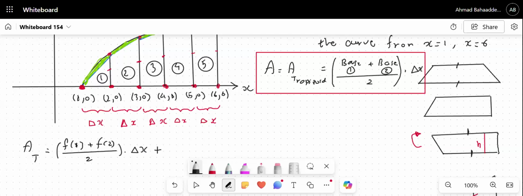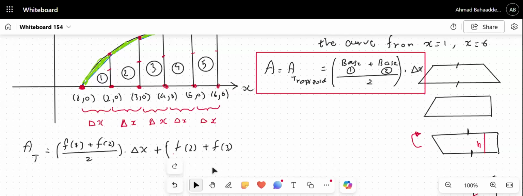So the second one, I'm going to open a bracket again. That's going to be f of 2 plus f of 3, because these are the points we are talking about. So we need to know the height here and the height here, which is the base of the converted trapezoid.